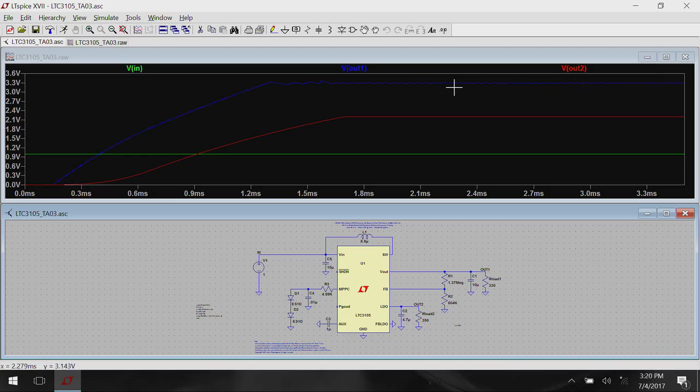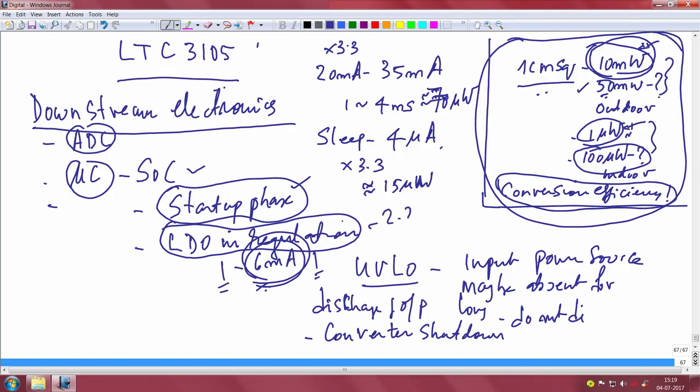What you will see is 1.6 volts slowly rising to 3.3 at the output. This can be demonstrated. Meanwhile, the LDO output which you see here will already come and give you 2.2, right. So, that is a nice thing which you can already start using for switching on the microcontroller and doing other things.